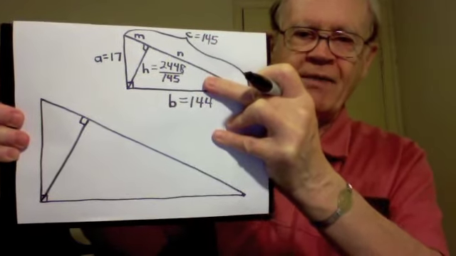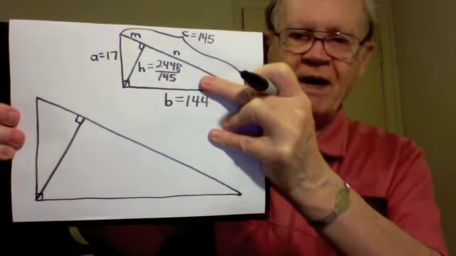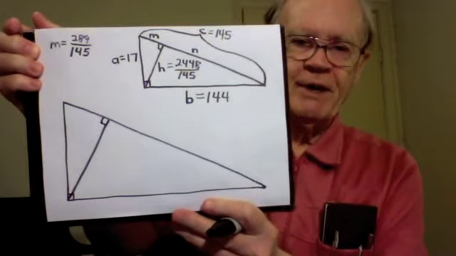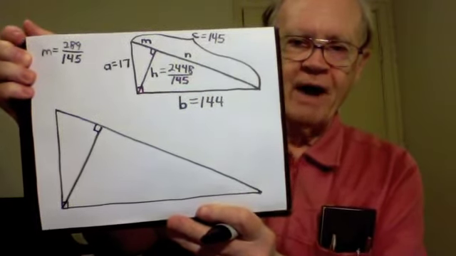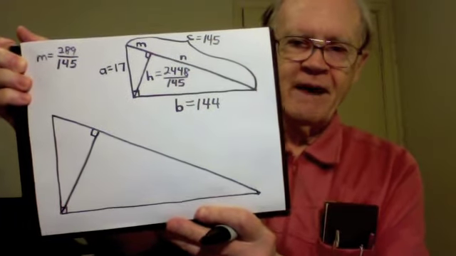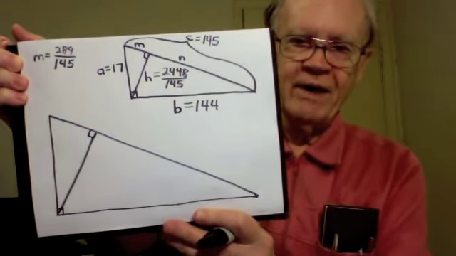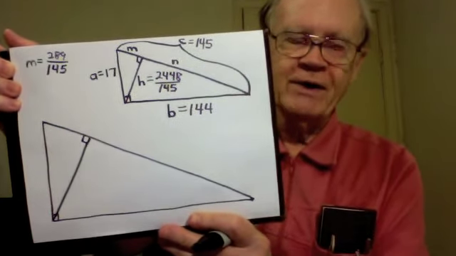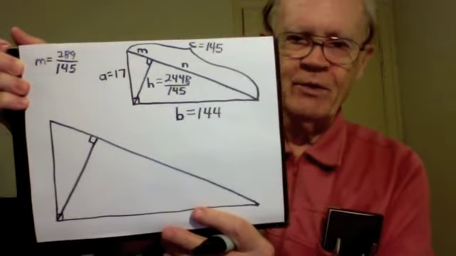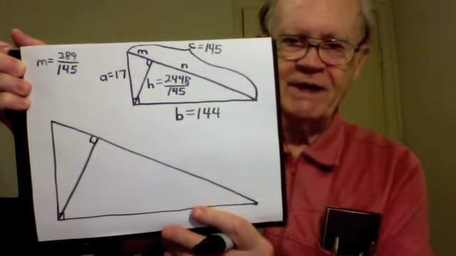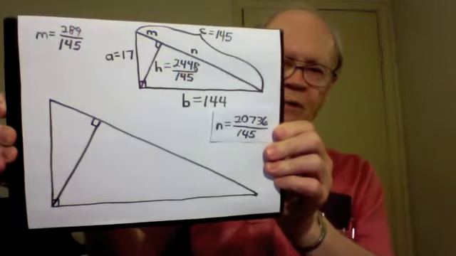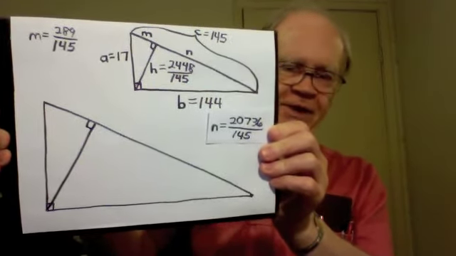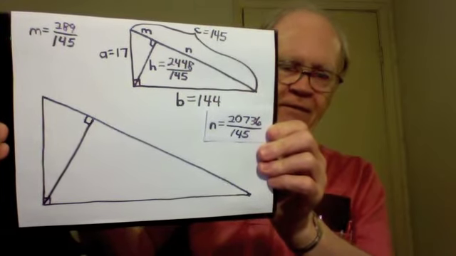We now apply the Pythagorean equation to A, M, and H to find M. M works out to be 289 over 145. Now, to find N, we can use the Pythagorean equation on H, N, and B, or we could subtract the value of M from the value of C. Whichever way we do it, we get N equals 20,736 over 145.